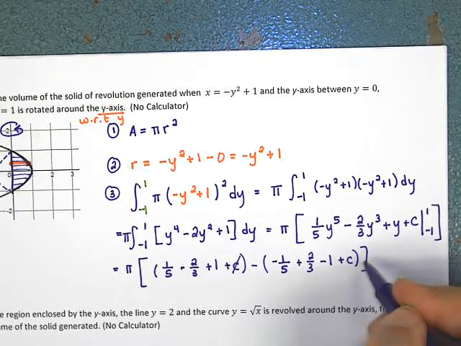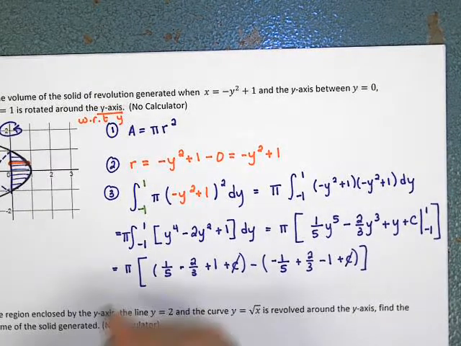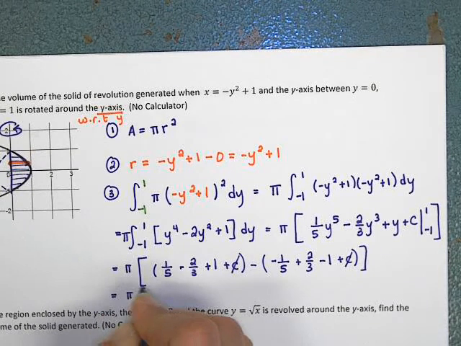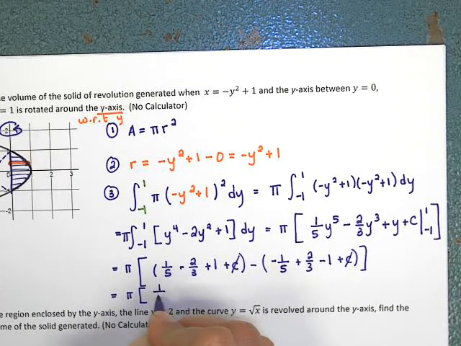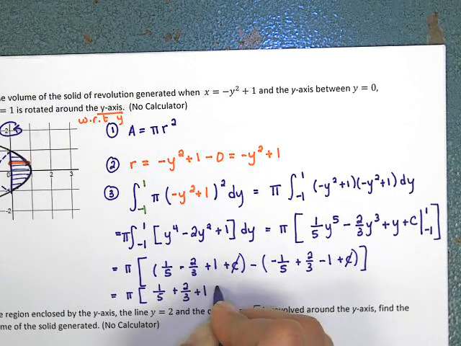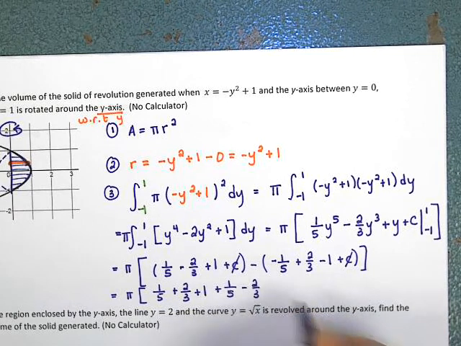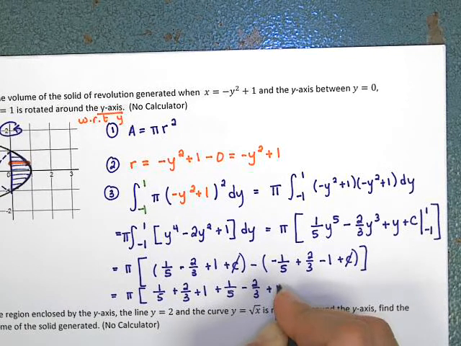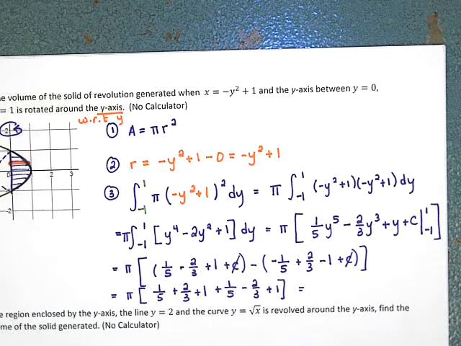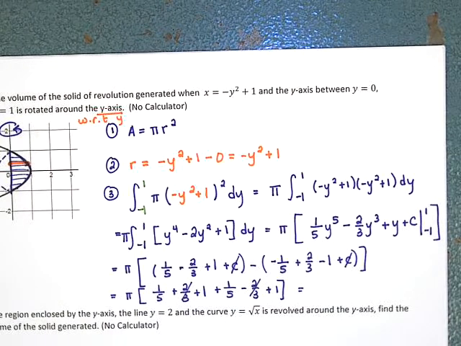Now the plus c's are going to cancel. If I distribute the negative, I get pi times 1/5 plus 2/3 plus 1 plus 1/5 minus 2/3 plus 1. Now the plus 2/3 and the minus 2/3 cancel.